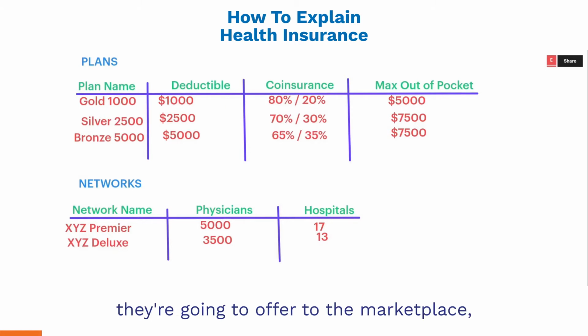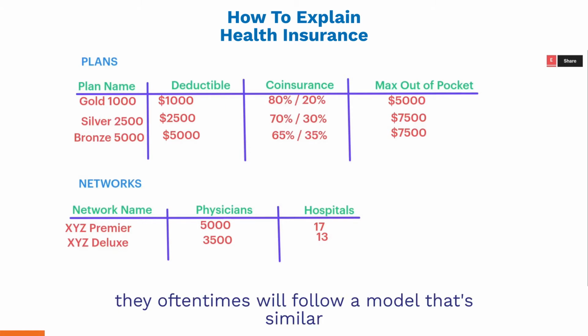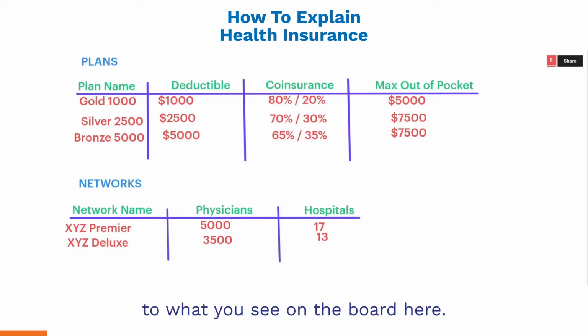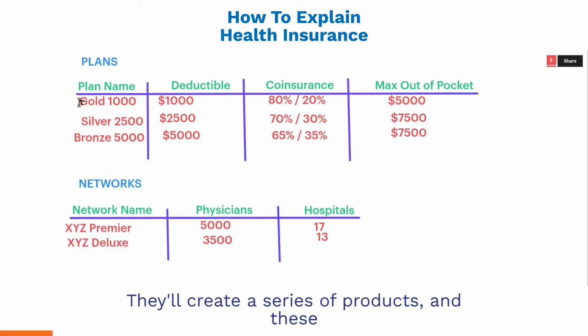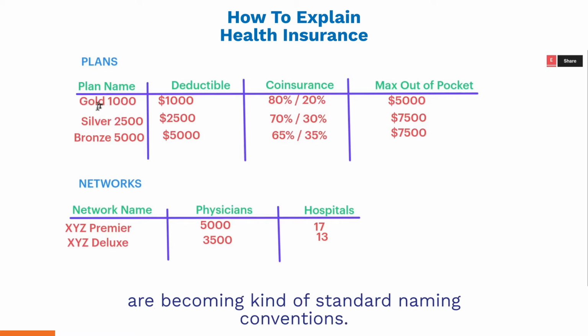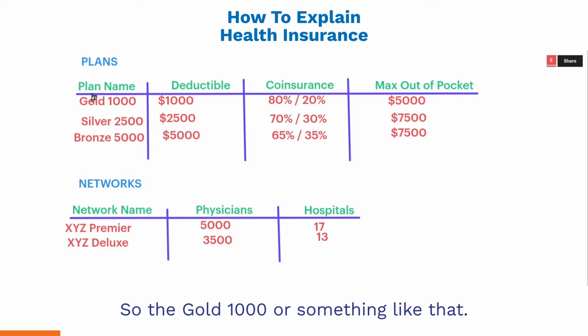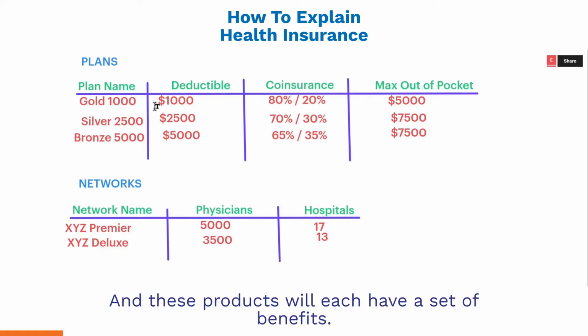When an insurance company constructs a plan, or a set of products, I should say, that they're going to offer to the marketplace, they oftentimes will follow a model that's similar to what you see on the board here. They'll create a series of products, and these are becoming kind of standard naming conventions. So the Gold 1000 or something like that, and these products will each have a set of benefits.